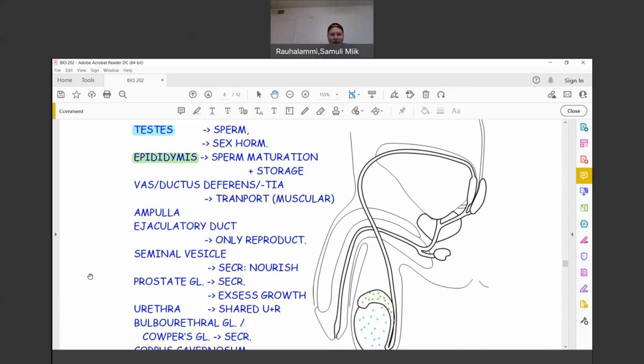Then we have this long tube that we see. This long tube is known as our vas deferens, or ductus deferens, or ductus deferentia. So many names that we might end up seeing for that. But it is a muscular duct, and its main function is to transport the sperm from the testes and epididymis all the way to the posterior side of the urinary bladder.